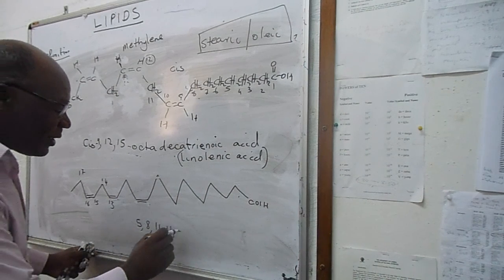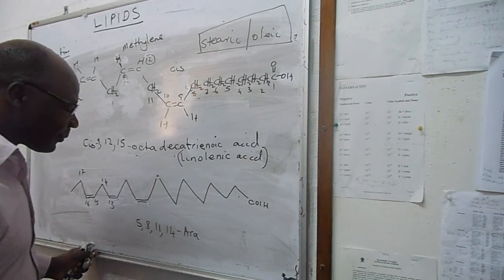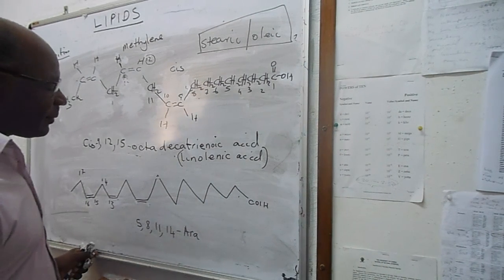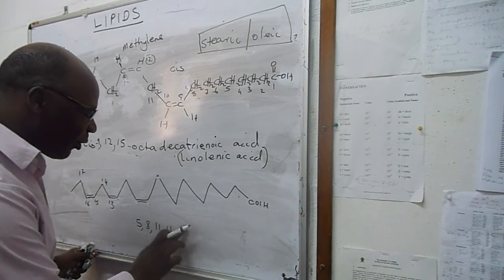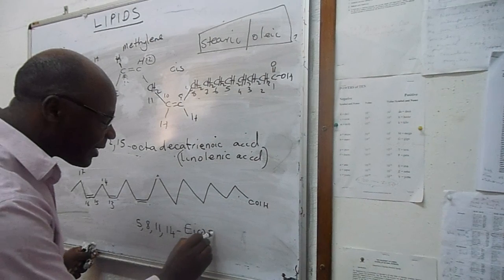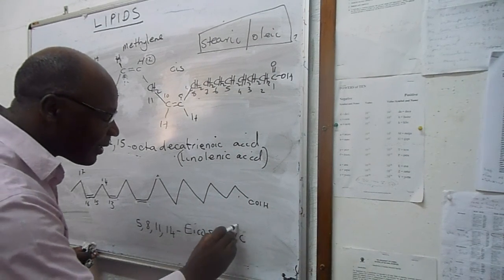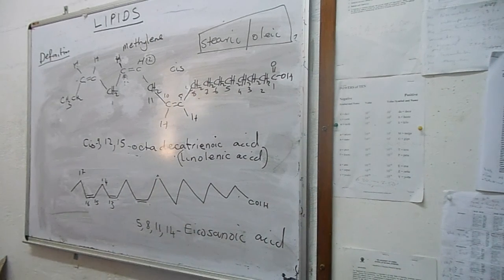Remember 20, we said 20 is eicosanoic acid. If it is saturated, eicosanoic acid, that's what I told you, the one we called arachidic acid.